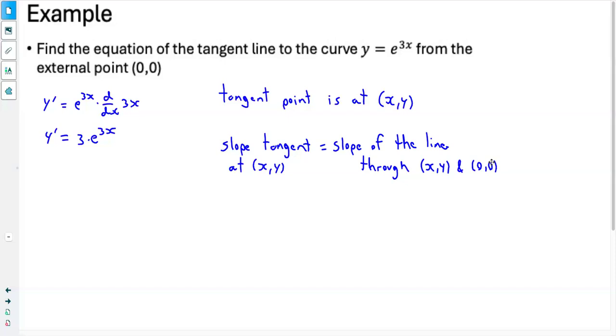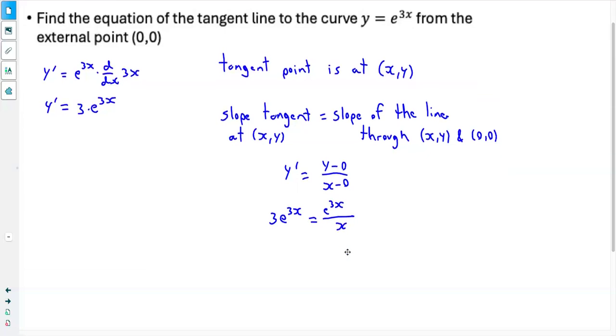So we know the slope of our tangent, we can write as y prime, and that's equal to y minus 0 over x minus 0. Now, y prime we determined was 3 times e to 3x, which is equal to y, which our equation for y is e to 3x, over x.